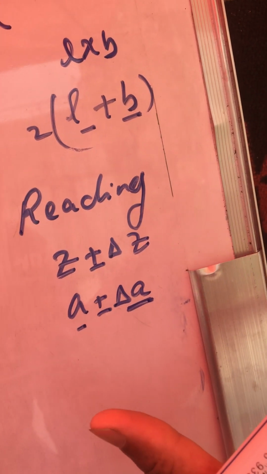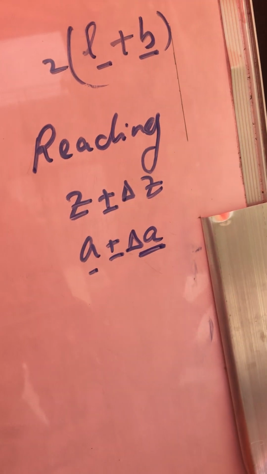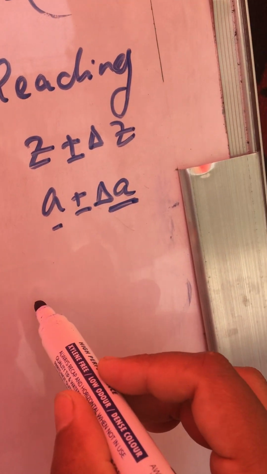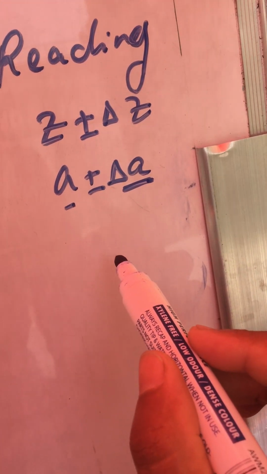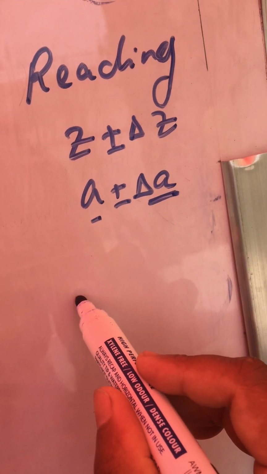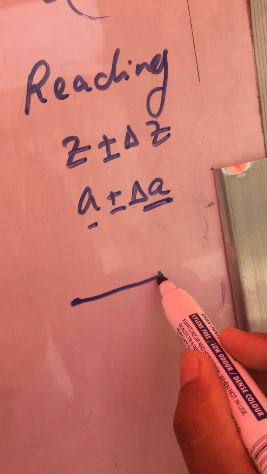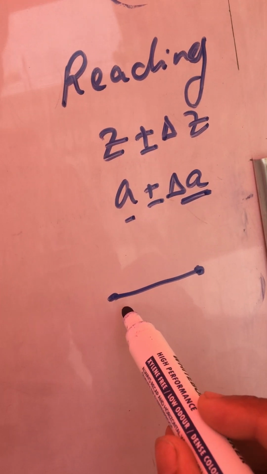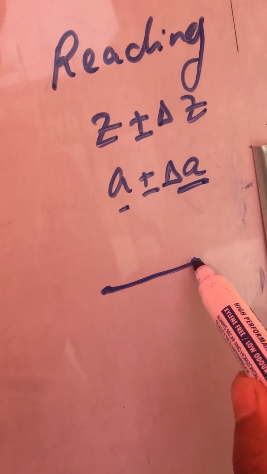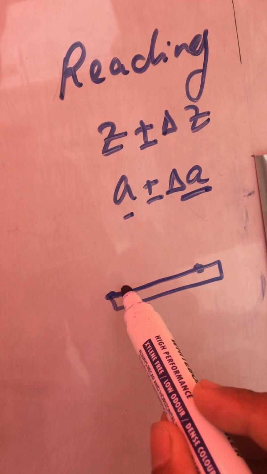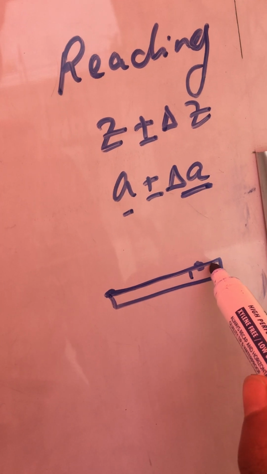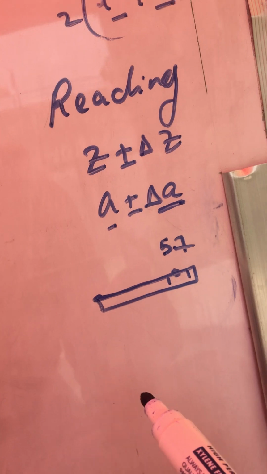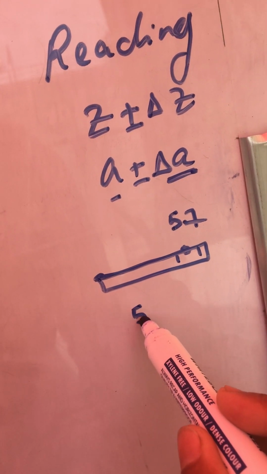Maximum possible error. Let me take an example. All of you are familiar with the centimeter scale, right? Suppose I have a block and you are measuring its length with a centimeter scale, and the reading came as 5.7.